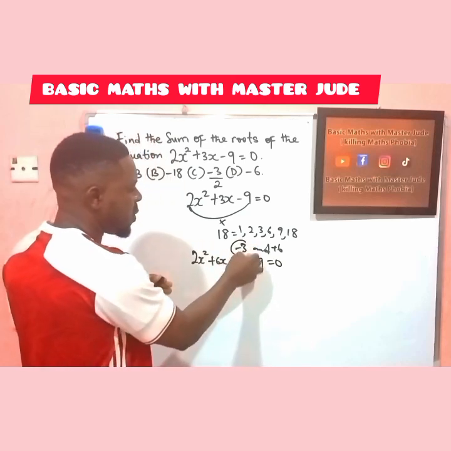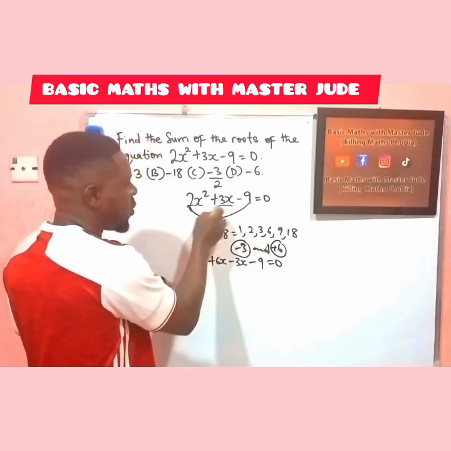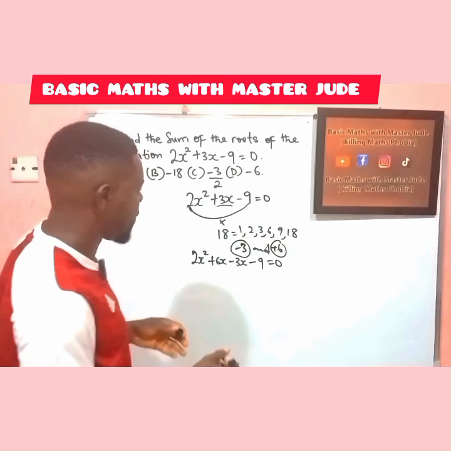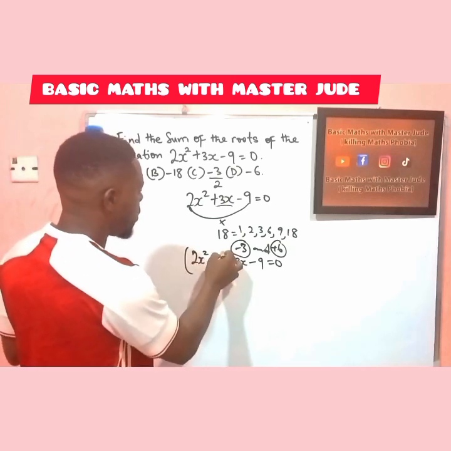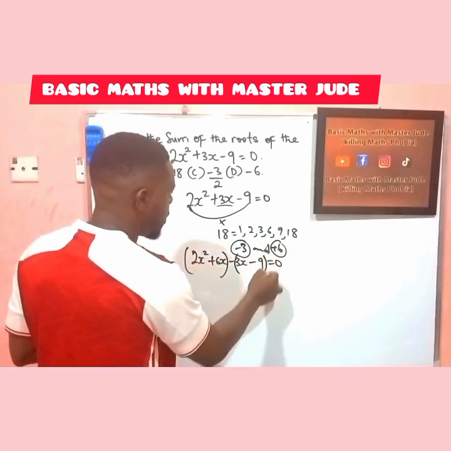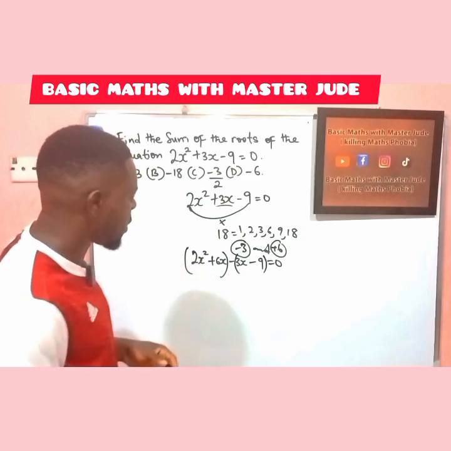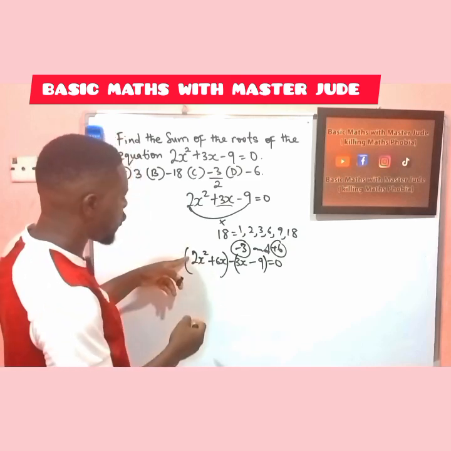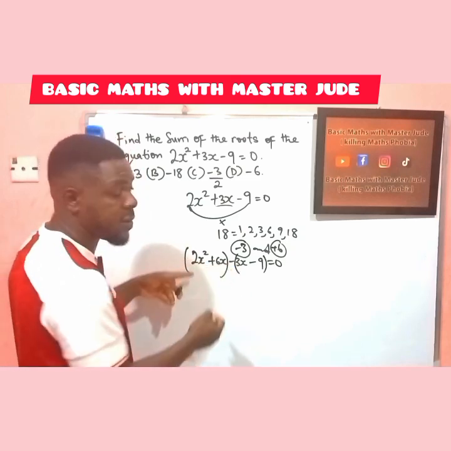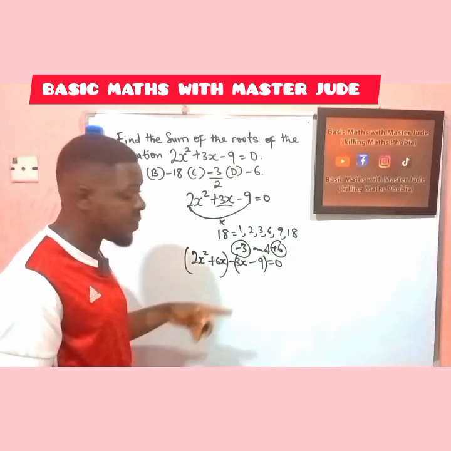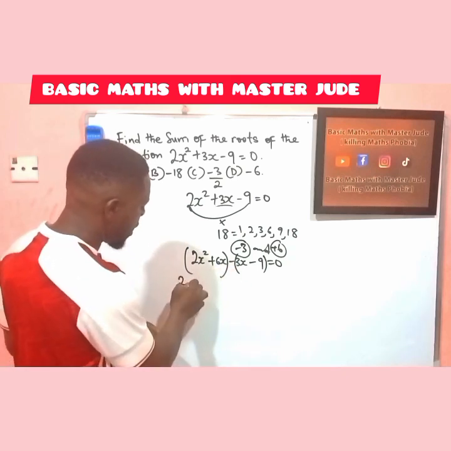So I'm using this and this to replace plus 3x. So I can now take the first two terms, put them in a bracket. Then let me factor out 2, which is common between 2 and 6 because 2 can divide itself and divide 6. I'll bring 2 out.